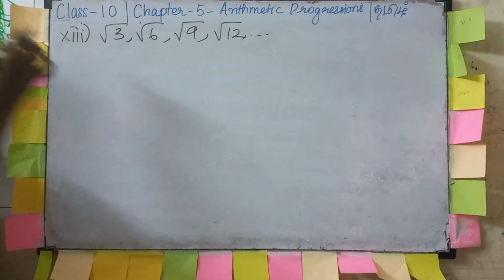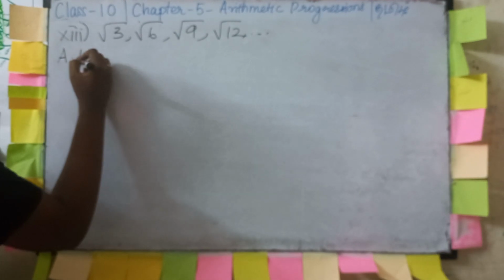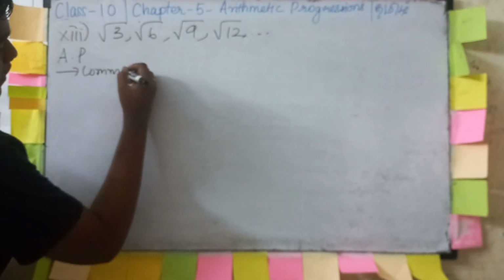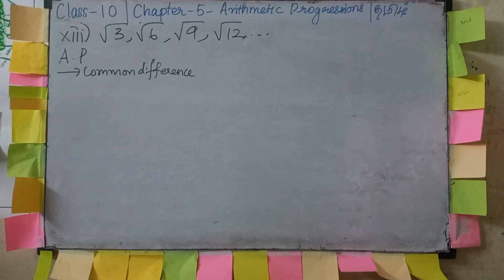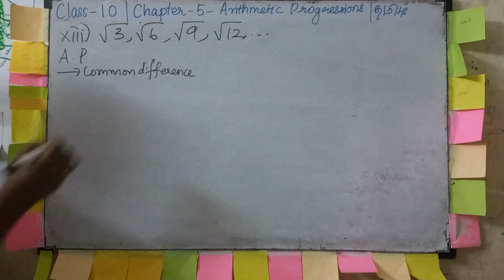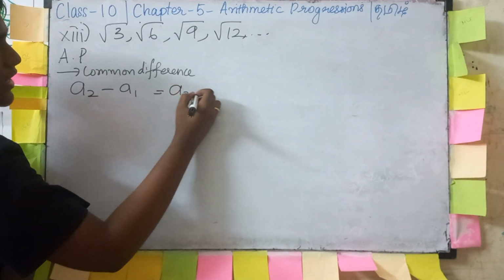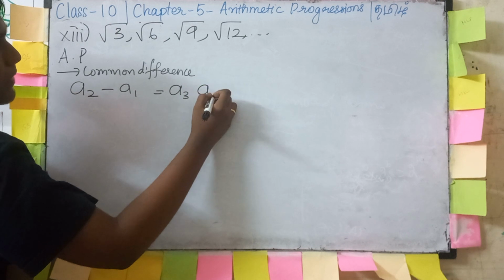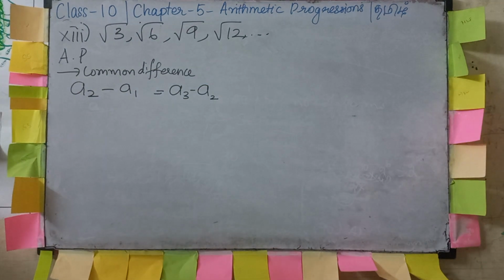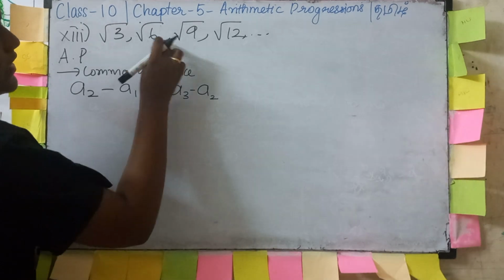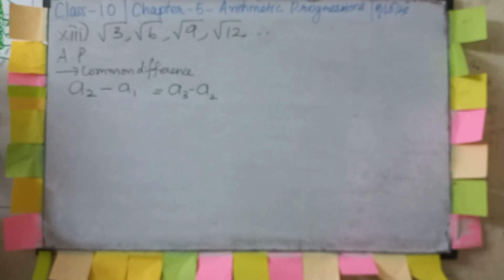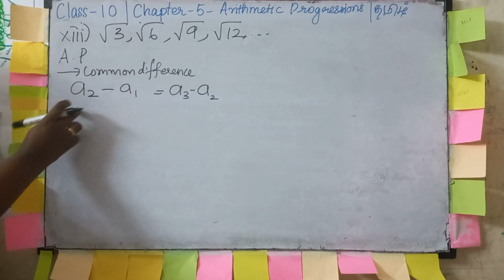Is this an AP? What should an AP have? A common difference. There is only one criterion to check if the given sequence is an AP: it should have a common difference. So let's check. A2 minus A1 should equal A3 minus A2, because the first and second terms may follow a difference while the second and third terms follow another, which would make this a sequence. So find it for both.